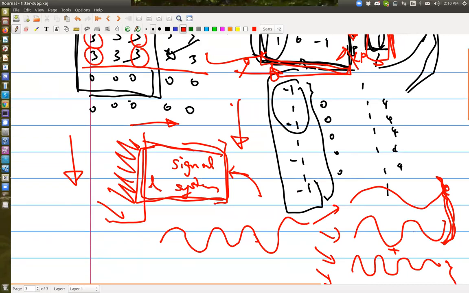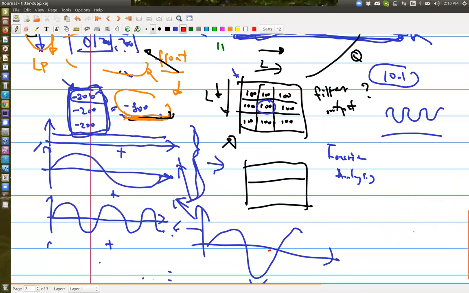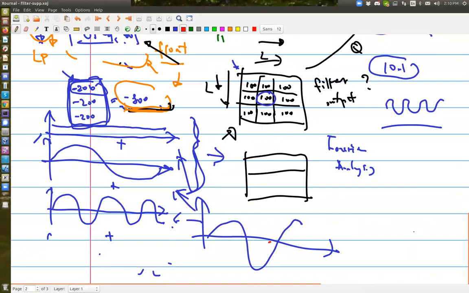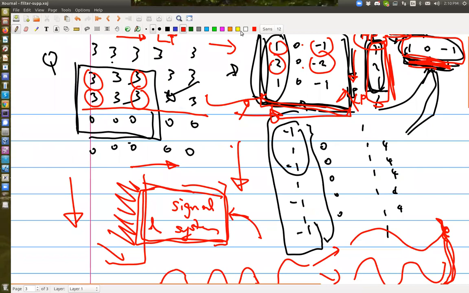In 2D, as we had earlier, for some filters I'm able to decompose into different directions. One direction may be low pass, one direction high pass. In that case, it's easier to visualize whether you are detecting a vertical edge or a horizontal edge.